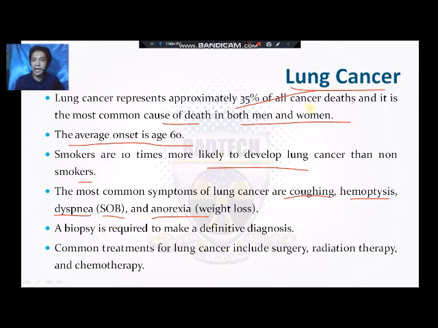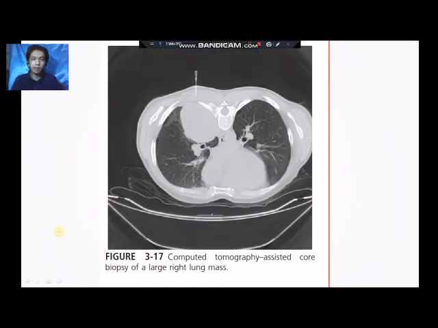Then if the patient has lung cancer, because a mass was seen during a diagnostic procedure, a biopsy will be required. Okay, so common treatments for lung cancer include surgery, radiation therapy, and chemotherapy. It depends on the type of your cancer, the stage, the tissue type, whether it is responsive, whether it can be removed through surgery, whether it is responsive to radiation therapy or to chemotherapy.